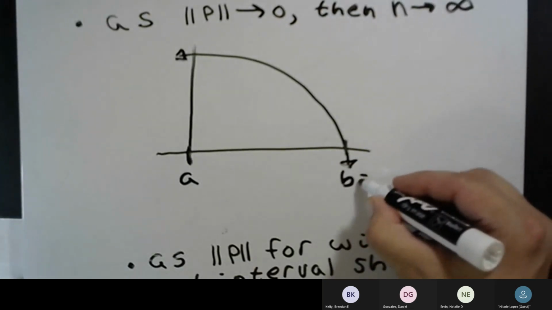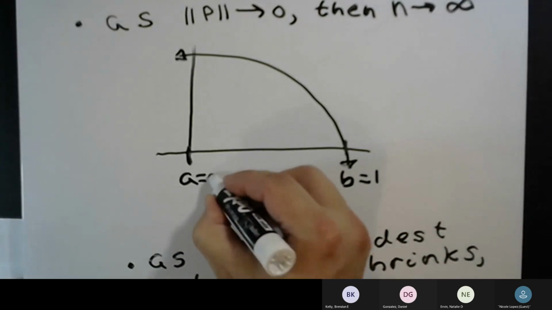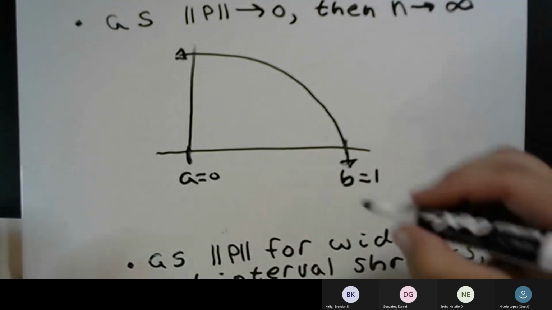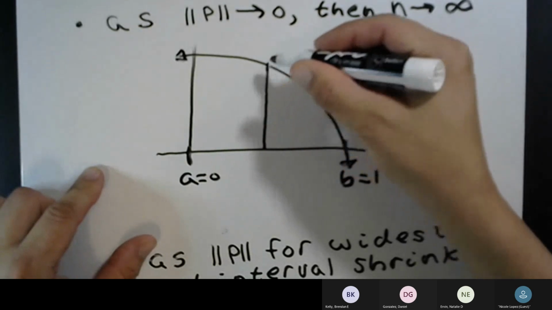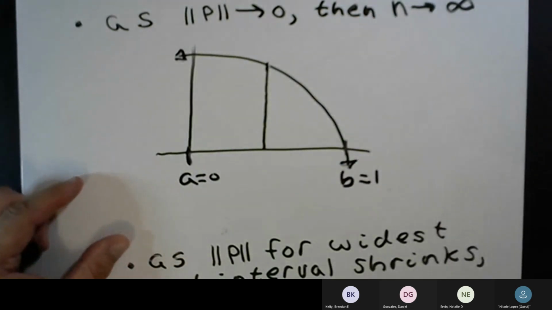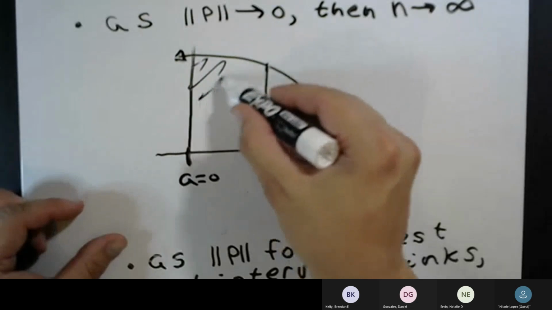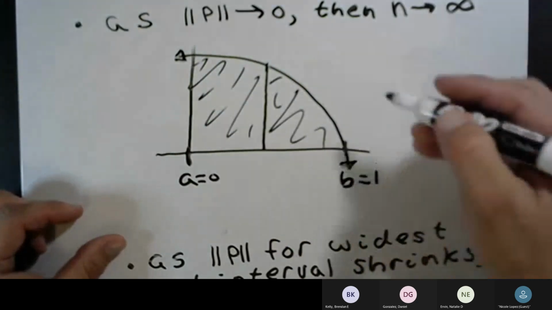For A equals 0 and B equals 1, we get rectangles that are almost infinitely narrow.